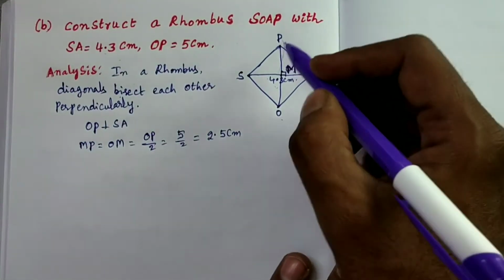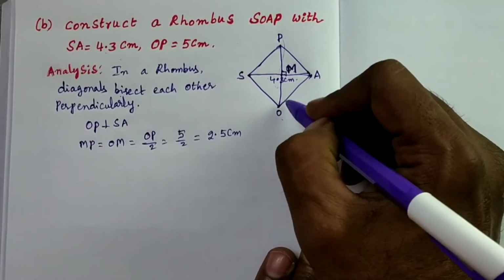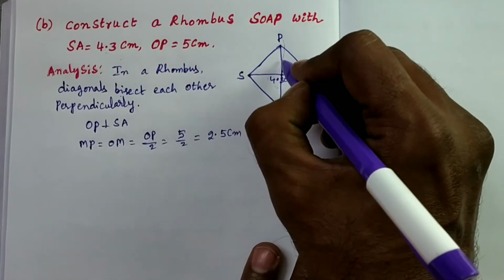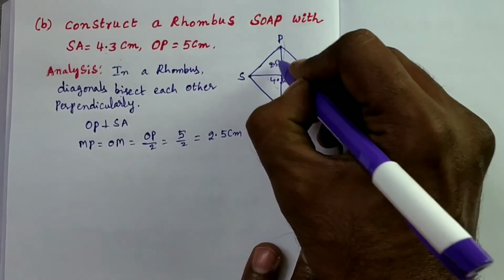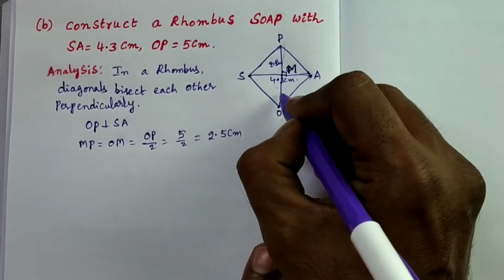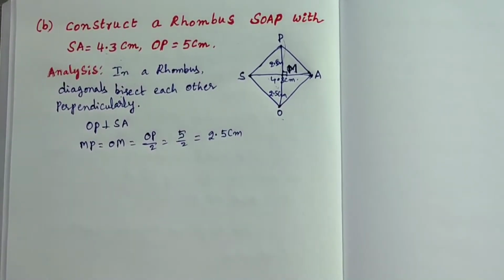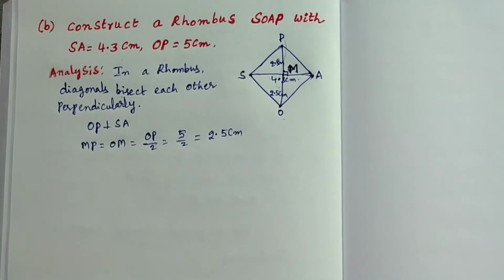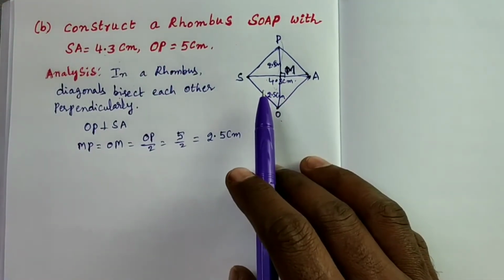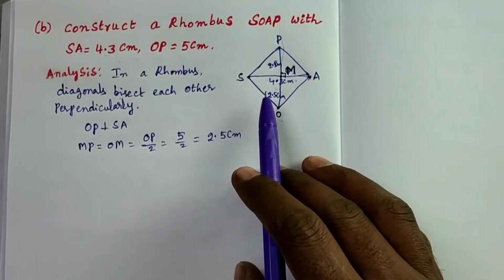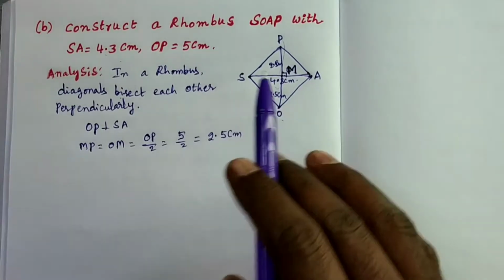So the length of MP and OM is 2.5 centimeters. With this analysis, we can construct the rhombus.